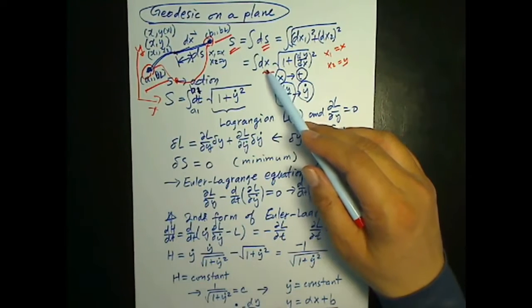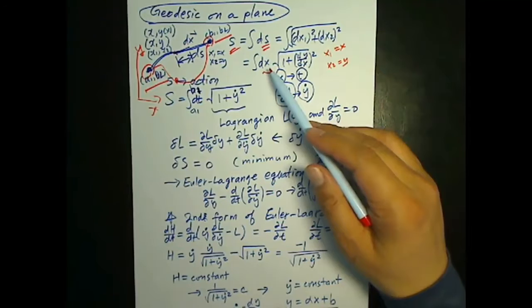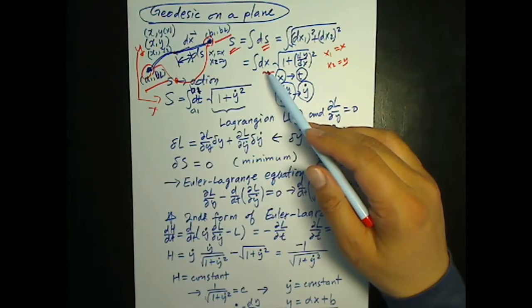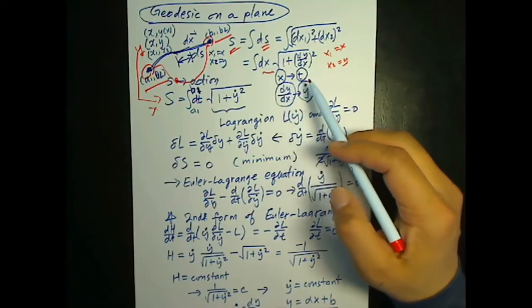Although I integrate over x, for the time being, let us make use of a similar notation as we used for the action principle and Lagrangian mechanics. Then the integral was over time.